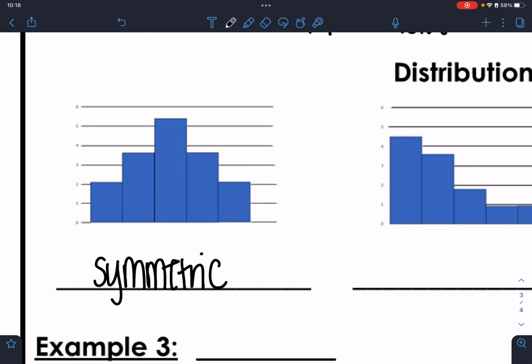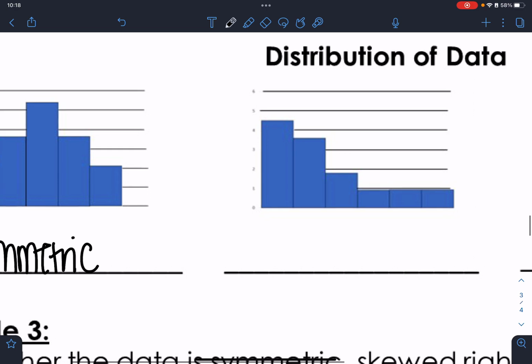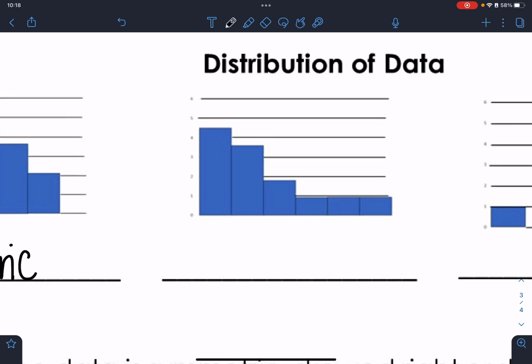Starts low, goes high, ends low. So that's perfectly symmetric. But what if we see something like this, where most of my data is lower on the right-hand side? Again, this is the left-hand side, this is the right-hand side. If we have less data on the right-hand side, we're going to call this skewed right, okay?